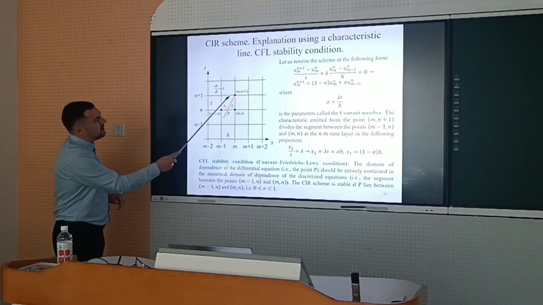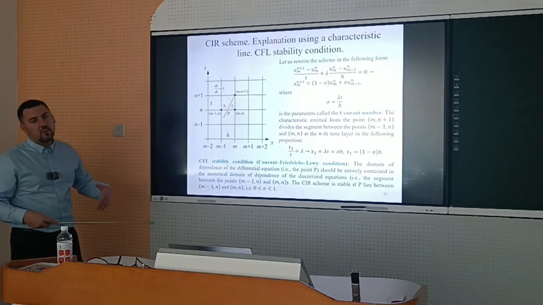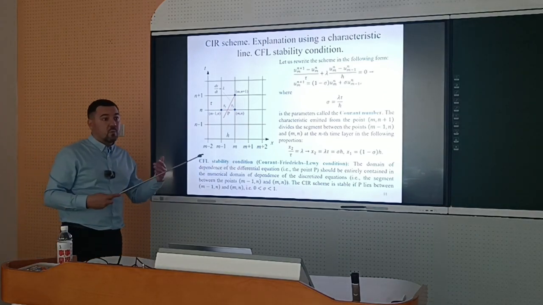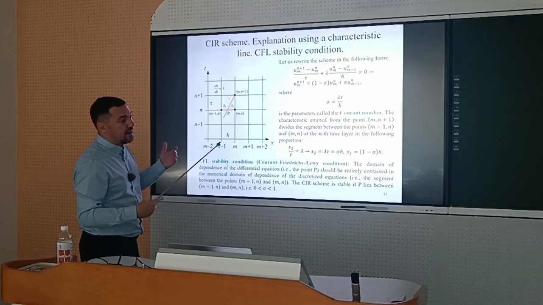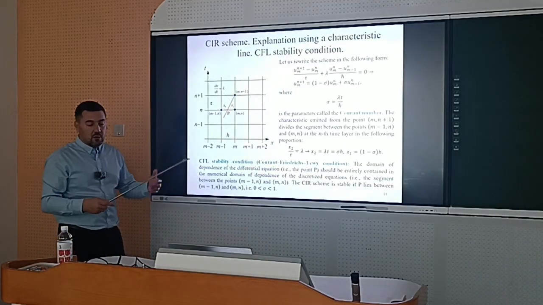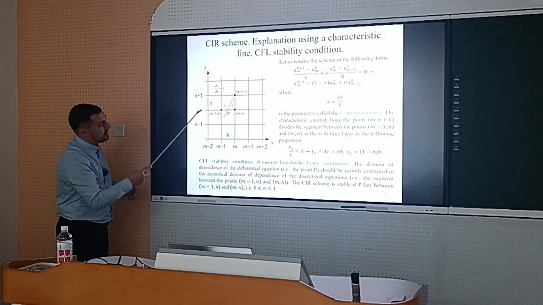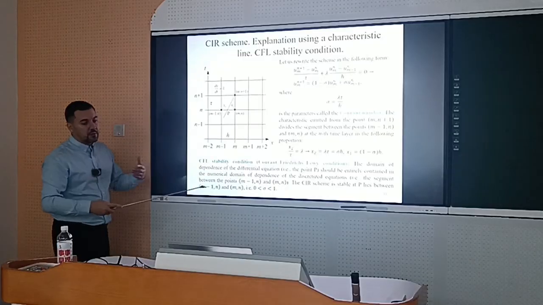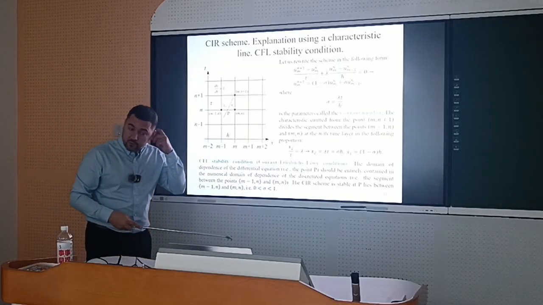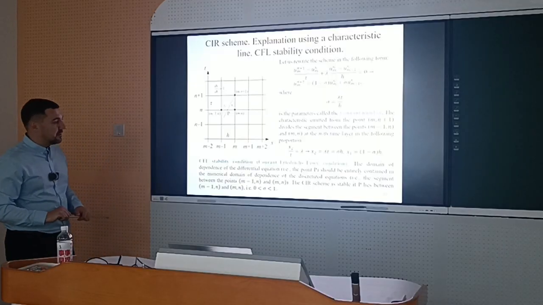If the characteristic line intersects our nth time layer here, it means that the scheme will not be stable. So it's forbidden. If your parameters lambda, tau, and h are such that the characteristic line intersects the nth time layer somewhere here, you will not be able to use these parameters in simulations. Your numerical scheme will be unstable.